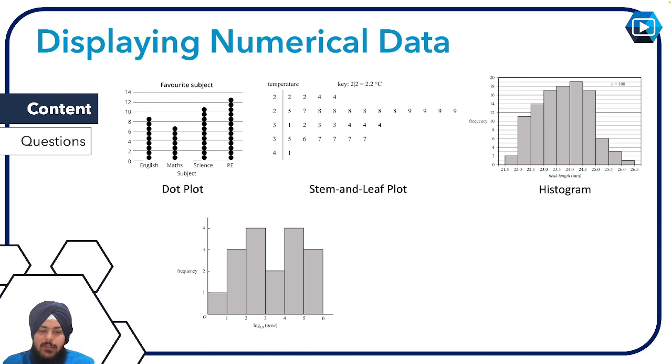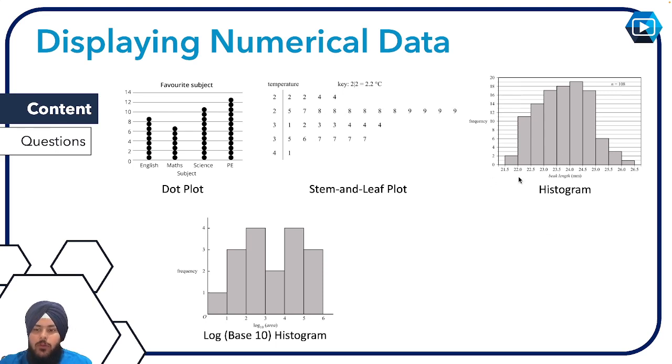We can also represent the data in the form of a log base 10 histogram. So this is really useful for representing data where we have a really large range of values. So for example, values ranging from 0 all the way to 1,000,000.